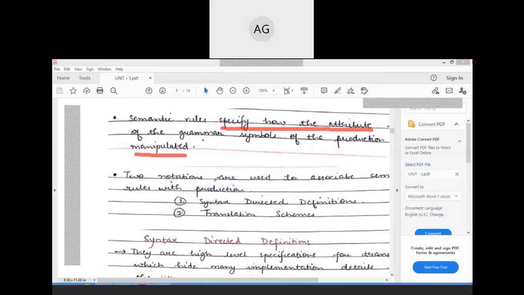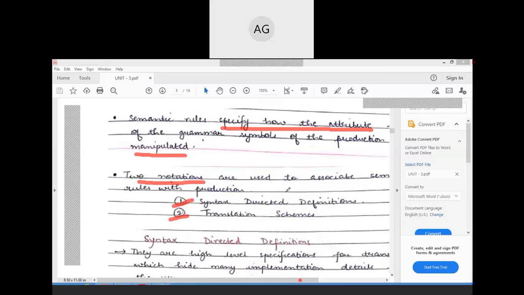Two notations are used to associate the semantics with the production. These are the syntax directed definitions and the translation scheme.